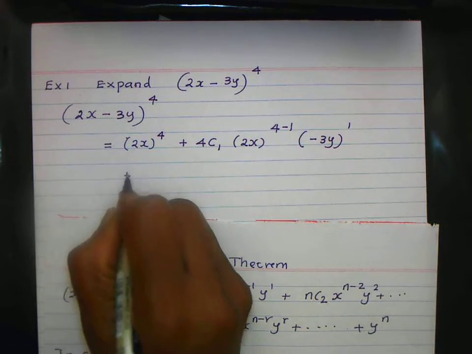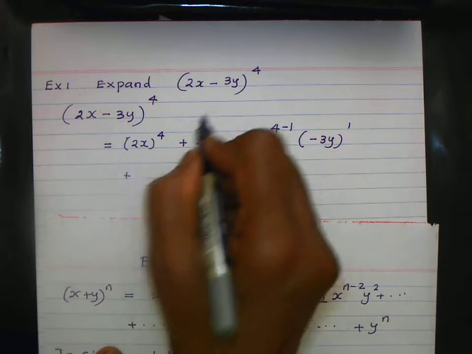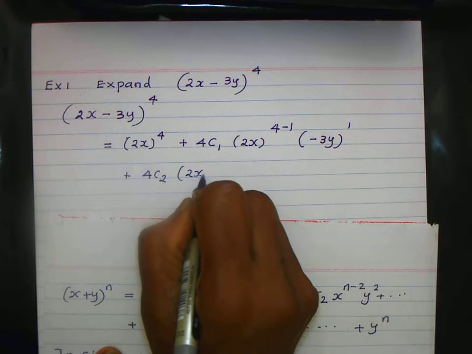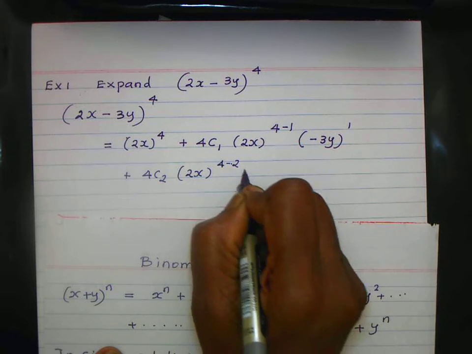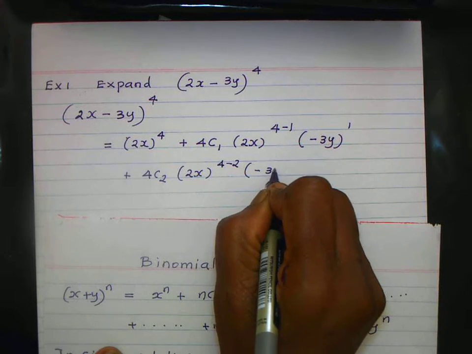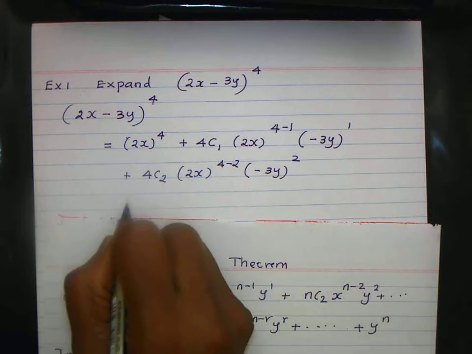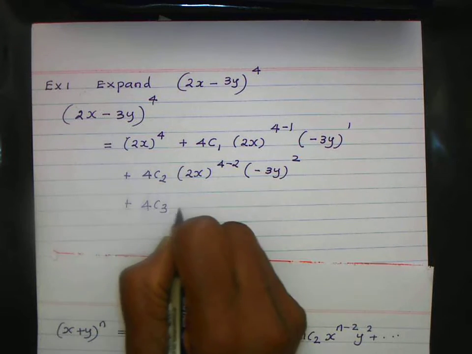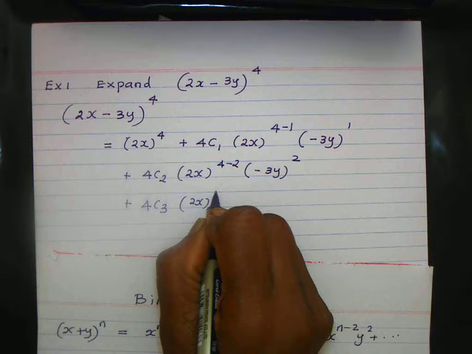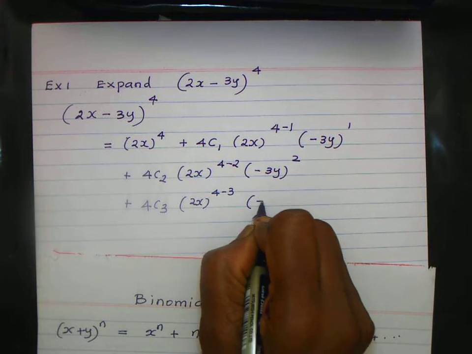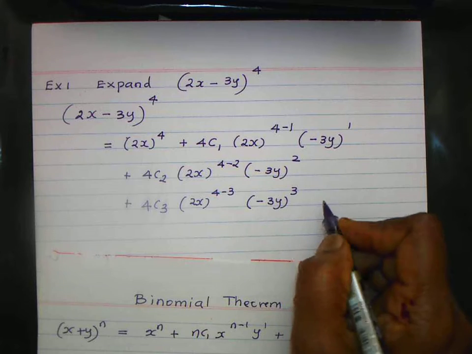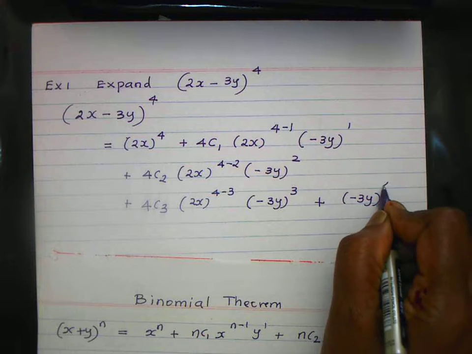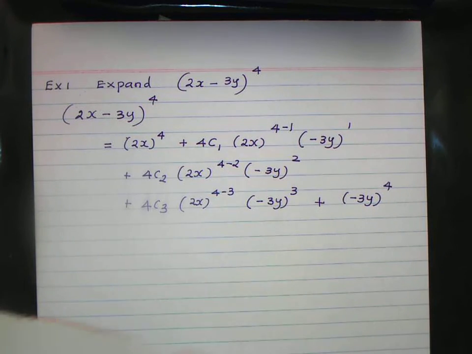Plus the next one is nC2, in our case 4C2 (2x) to the power 4 minus 2 times (minus 3y) to the power 2. Plus the next term is 4C3 (2x) to the power 4 minus 3 times (minus 3y) to the power 3, and then plus the last term, which is (minus 3y) to the power 4. Okay, this is the expansion using the theorem.